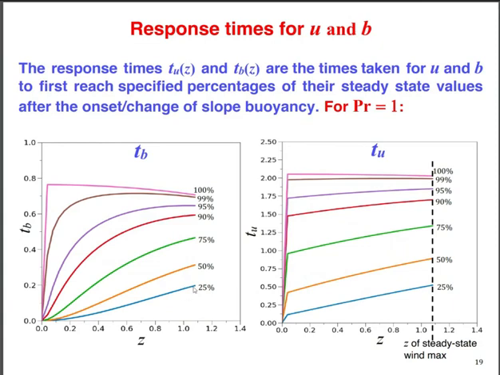The other thing you can note, so here we're looking at different percentages of response. If you look at the lower curve, the 25%, you can say, okay, well, how long do you have to wait before your buoyancy at a certain height is 25% of the steady state value? Okay, so that's this blue curve, 25%. And you can see that to get to 25% of the steady state, you have to go higher.